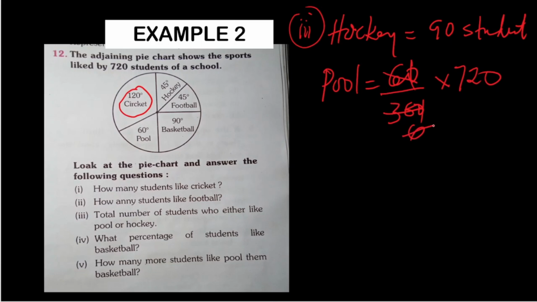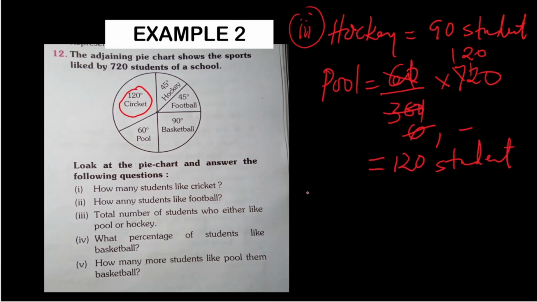Then 6 here 1, 6 here 1, 6 here, that is 2, that is 120. So which means 120 students like pool.